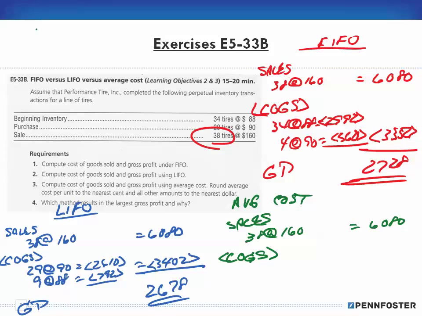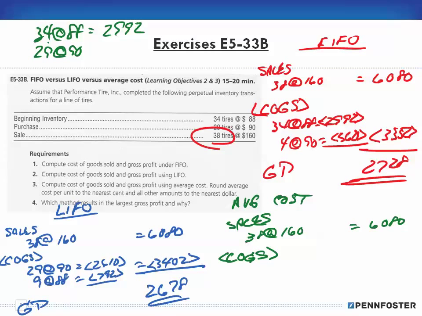So originally I had 34 at 88. Those 34 were at $88 each, right? 34 times 88 has a value of $2,992. Now I'm going to purchase 29 more at 90.